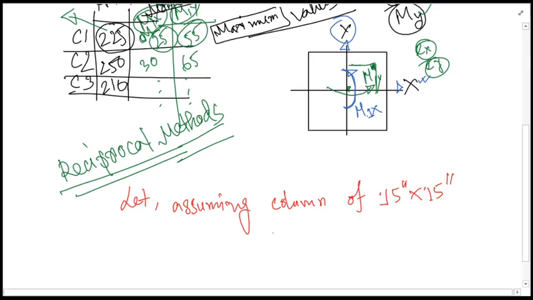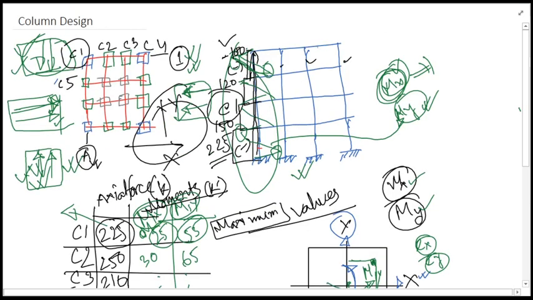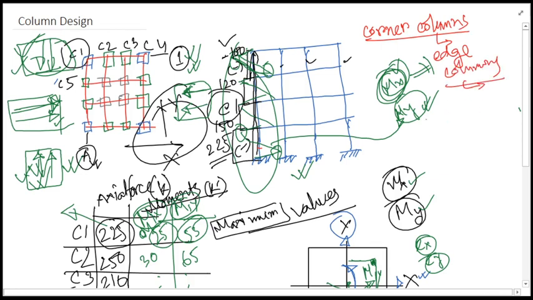Initially you will have to define some column dimensions, and I will be fixing these as follows: you will assume one dimension for all the corner columns, then another particular size for edge columns, and another particular size for middle columns.